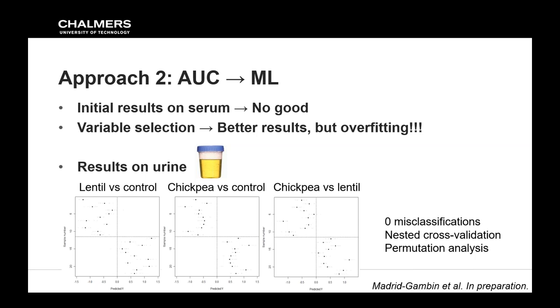Anything in those other two fields would be a misclassification, and we find that we're very nicely managing to separate between lentil treatment versus control treatment, chickpea versus control, and chickpea versus lentil. So in the urine data we get really nice separation. And we employed nested cross-validation to minimize the risk of overfitting, and confirmed this by permutation analysis as well.